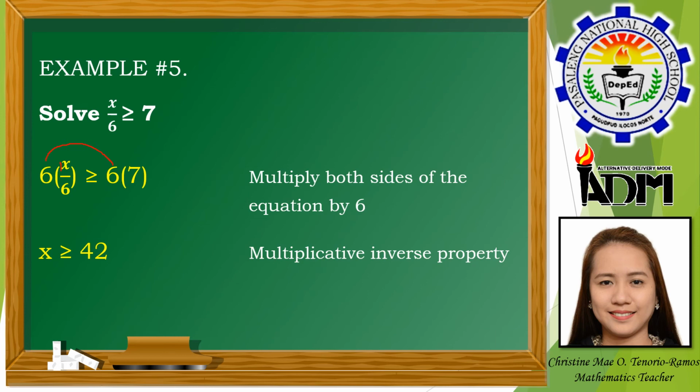Cancel out, natira is x. 6 times 7 is 42. Therefore, x is greater than or equal to 42, or 42 positive infinity. Nag-remain lang yung kanyang direction kasi positive naman yung 6.